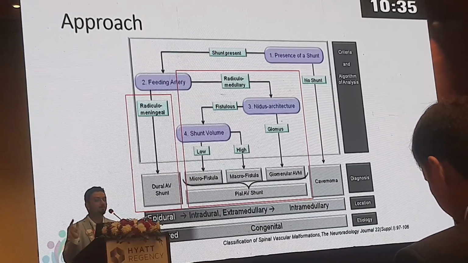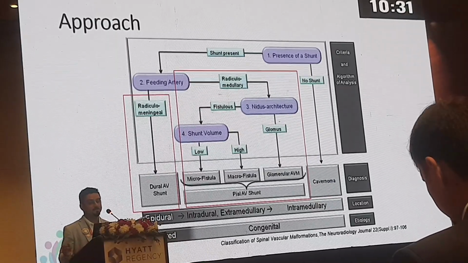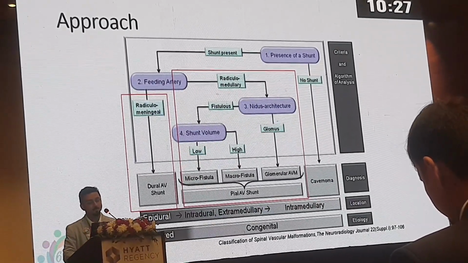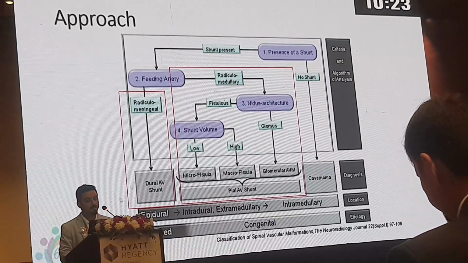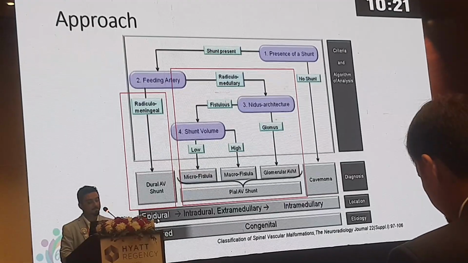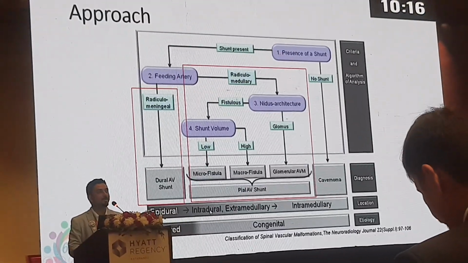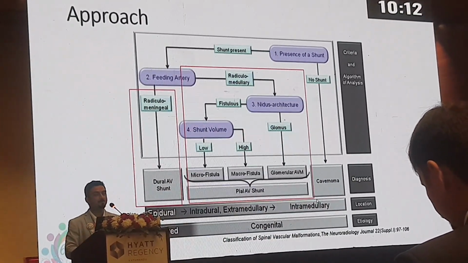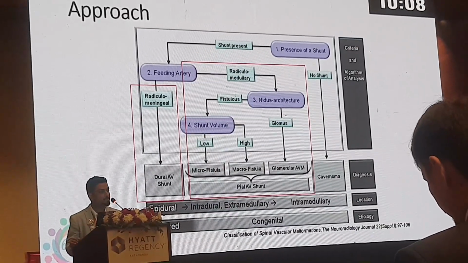And if you see a cluster, then it is a glomus AVM. If you don't see a shunt, then we diagnose it as a cavernoma. Now, going from radiculomeningeal to radiculomedullary, you see that the location of the shunt is from epidural to intradural extramedullary to intramedullary. And then we have to have an idea whether it is acquired or congenital.